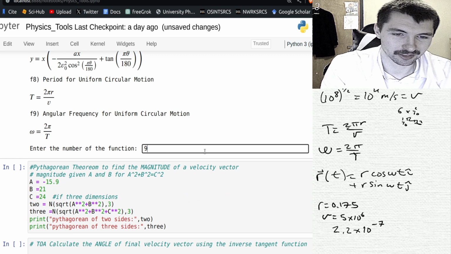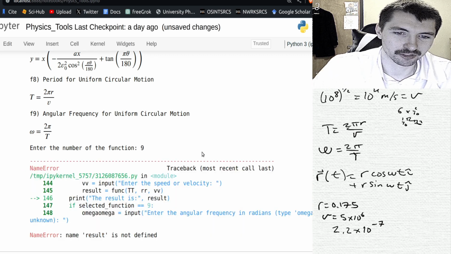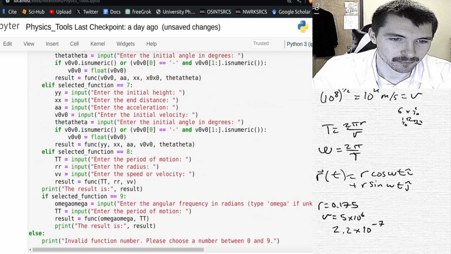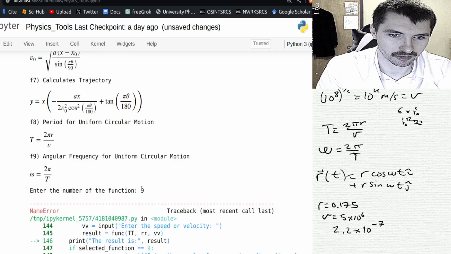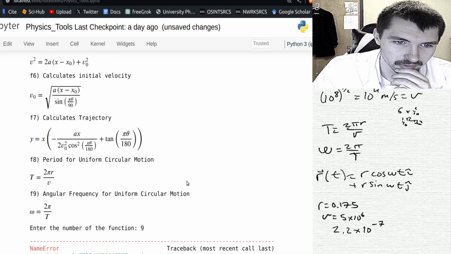Very weird. Okay, so nope, result is not defined. Yeah, you want this here, don't you? Okay, what broke now? Result is not defined.